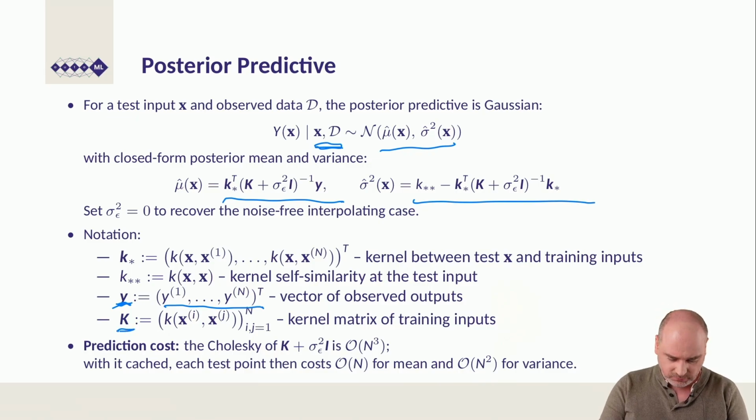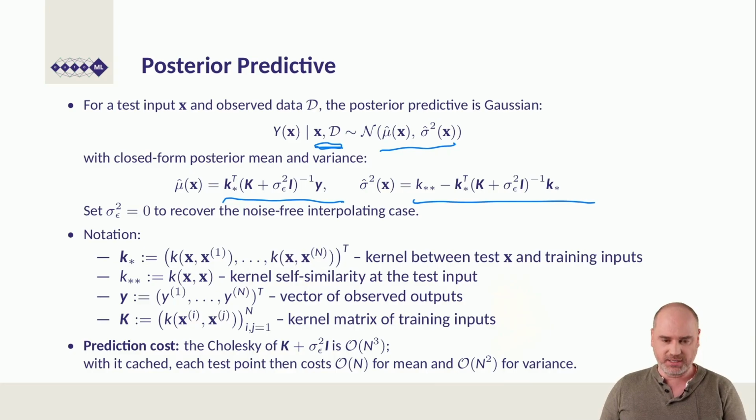Capital K is also not hard to understand. This is our so-called kernel matrix. You can also call this a covariance matrix, or a Gram matrix in kernel techniques. This is simply a matrix where for every i, j entry, we evaluate our kernel function k and plug the resulting value into this matrix.